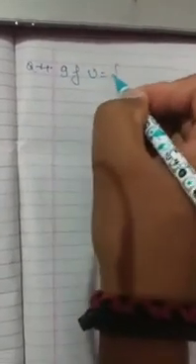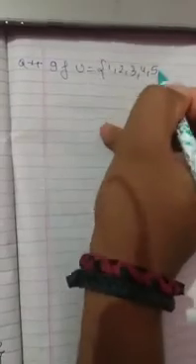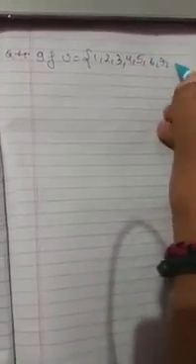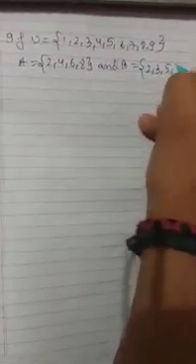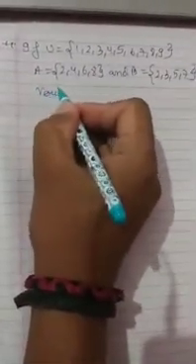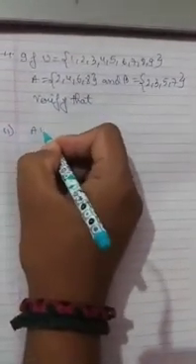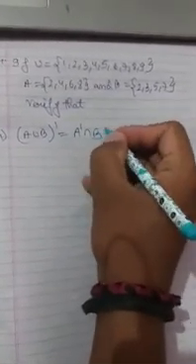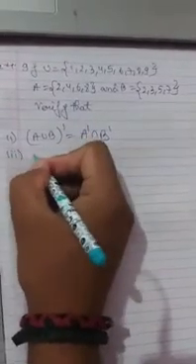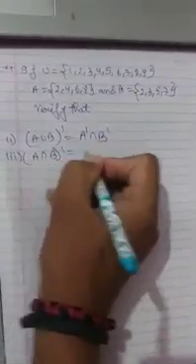If U is equal to {1, 2, 3, 4, 5, 6, 7, 8, 9}, and A is equal to {2, 4, 6, 8}, and B is equal to {2, 3, 5, 7}, verify that first one is (A union B) complement equals A complement intersection B complement, and second one is (A intersection B) complement is equal to A complement union B complement.